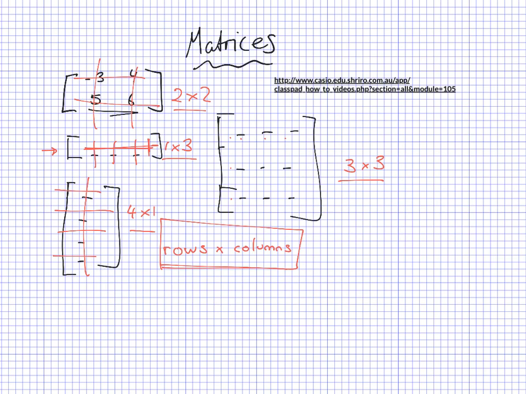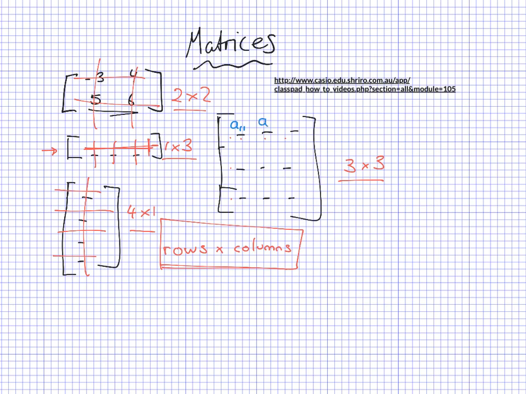All right. Now the next thing about them is that they can have what's called elements inside them. All right. And those elements are named and located according to basically a mapping reference. So this one here would be A, being the first letter, and it's in row 1, column 1.